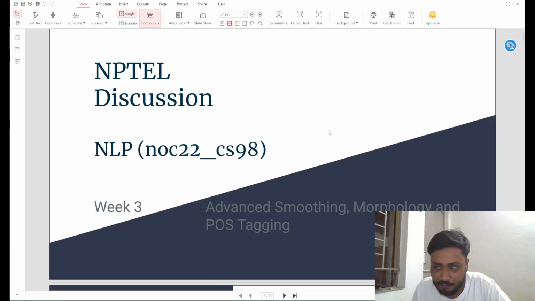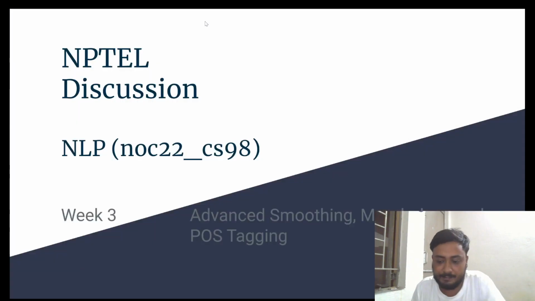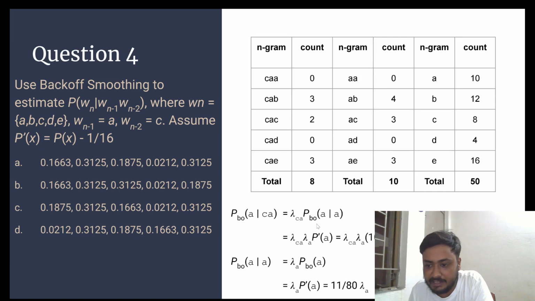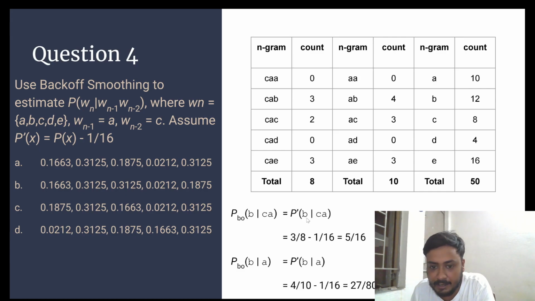So I'll go over it once more so that you can understand. Just look at these two examples back to back. So probability of B given CA, we know that B given CA is non-zero. That is why we use the discount form, like there were two conditions, 0 and non-zero.